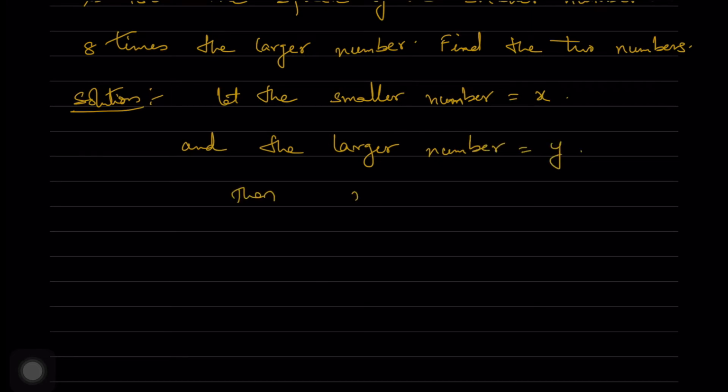Then we have x square is equal to 8y. This is the first equation. And second, the difference between the squares of the two numbers is also 180. This is also given. So y square minus x square is equal to 180. This is the second equation.